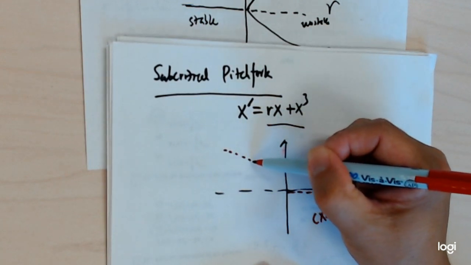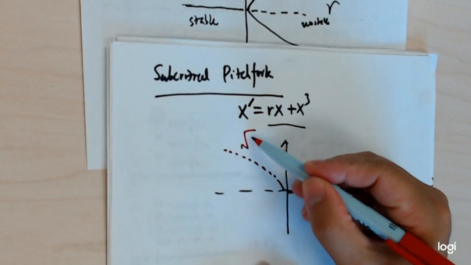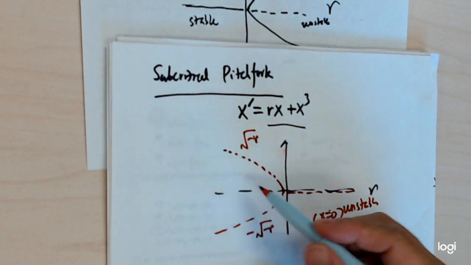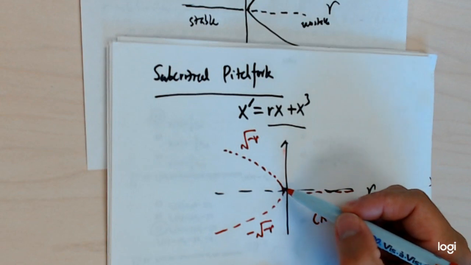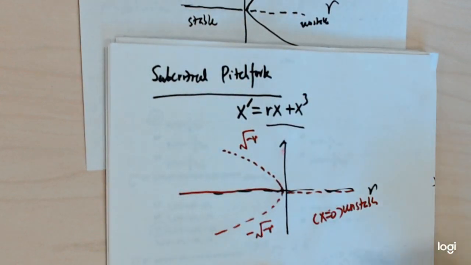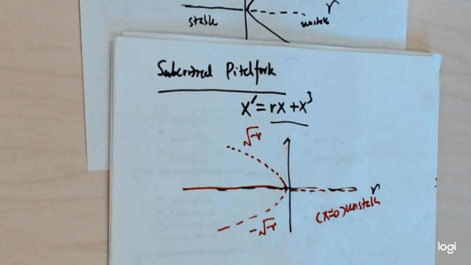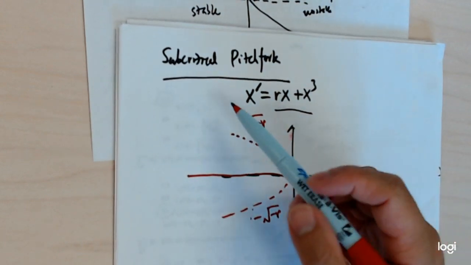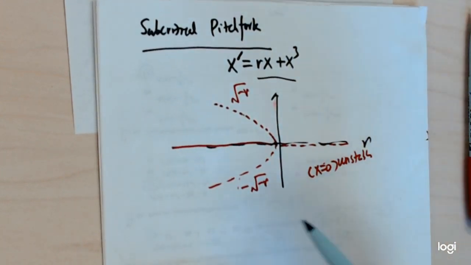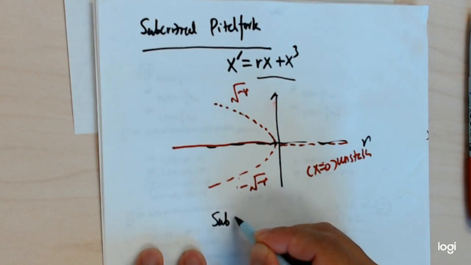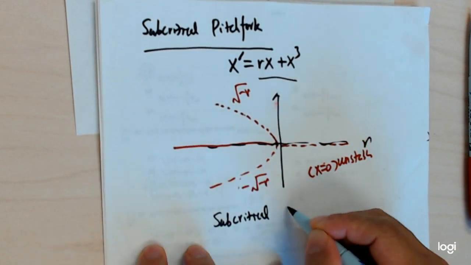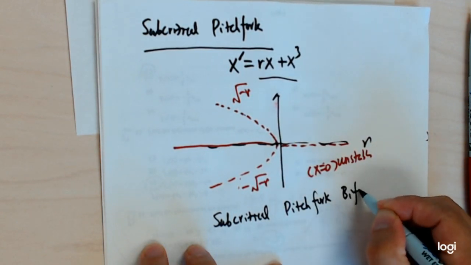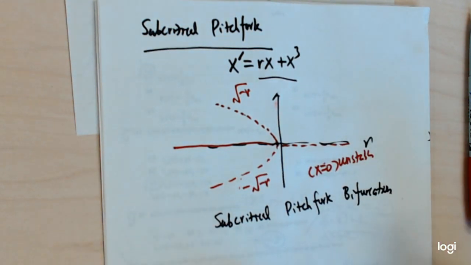The upper branch is square root of negative R, I guess. The lower branch is negative square root of negative R. They are both unstable. But 0 becomes stable. The fact that those two branches are unstable is why we call this subcritical pitchfork bifurcation.